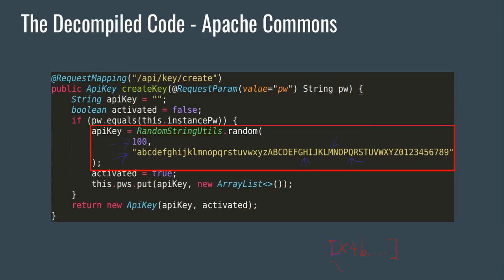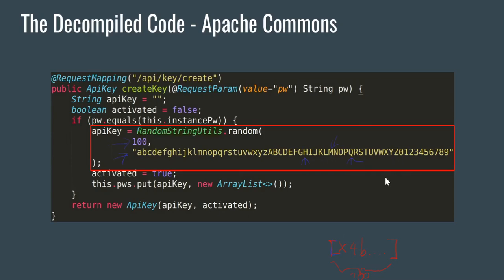So we have a 100 character string that looks random because random characters out of this supplied string were chosen.